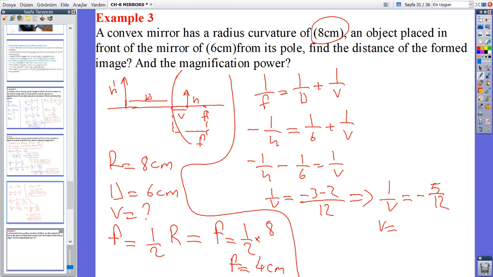By cross multiplication, v equals 12 over 5 centimeters. We found the distance of the image.